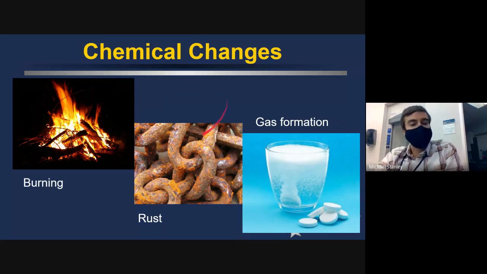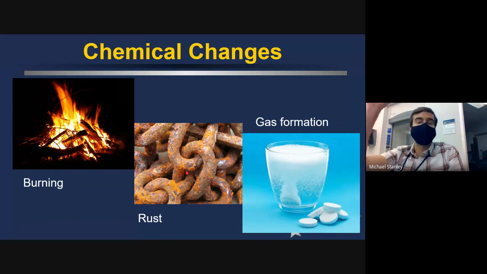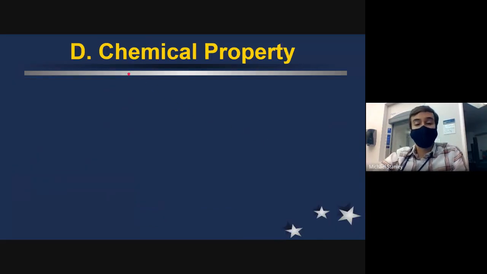How can we describe whether or not something will catch on fire, or whether or not something will interact with the moisture in the air, or will interact if it's placed in water? In order to do that, we use things called chemical properties.